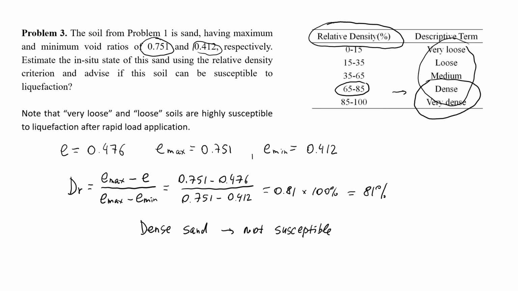In many countries like Japan, China, the US, New Zealand, many types of soil are in a loose or very loose state. So when there is a strong earthquake, they will liquefy. But if we manage to make it denser, that soil is not going to liquefy. So from this example, we see that if soil is in its dense state, as we have from problem 1 and problem 3, there is no liquefaction for this soil.